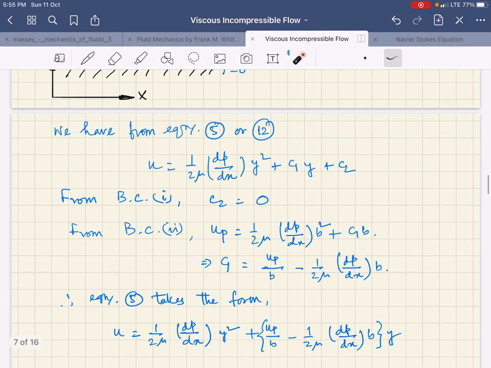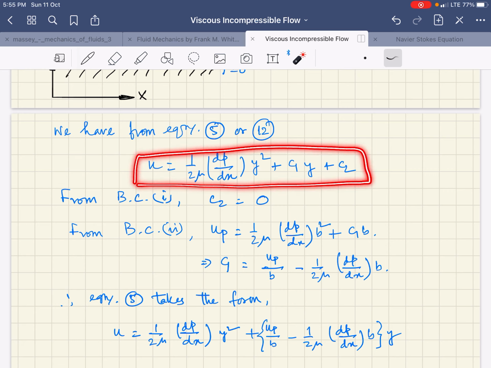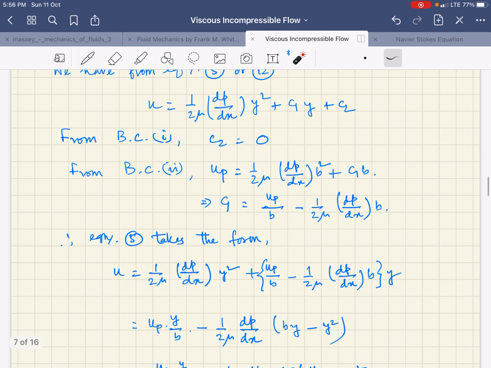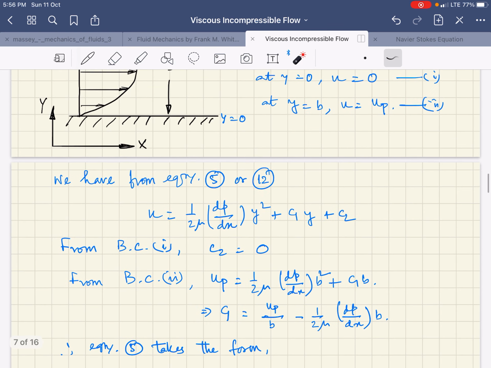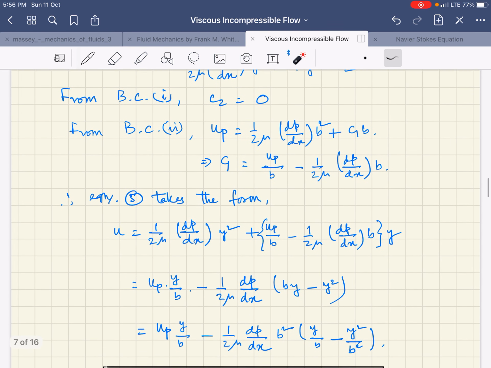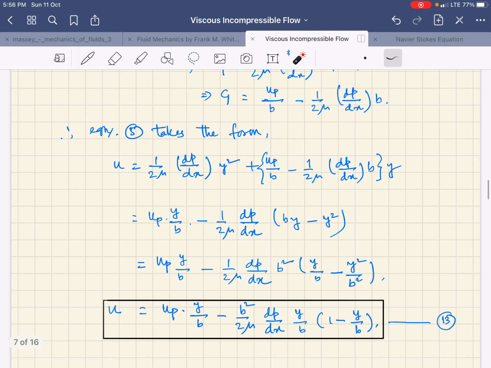So actually we started here from u equals this form, that is the definition or the expression of velocity profile obtained either from Navier-Stokes equations or by the control volume approach. That is your equation 5 or 12. And then you put the boundary condition like what is written here, and that leads to the expression of u in another black box as u equals this.